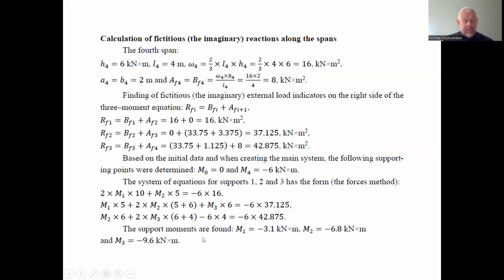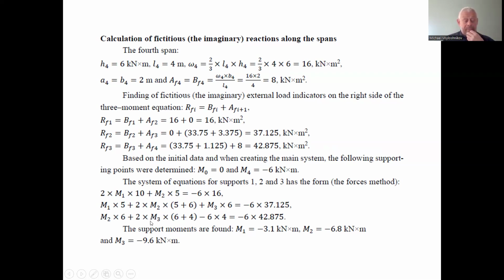First, we can find, for example, from the second equation that M2 is equal to minus 6.8 kilonewton meter. After that, we can substitute it into the first equation, and we can find that M1 is minus 3 kilonewton meter.